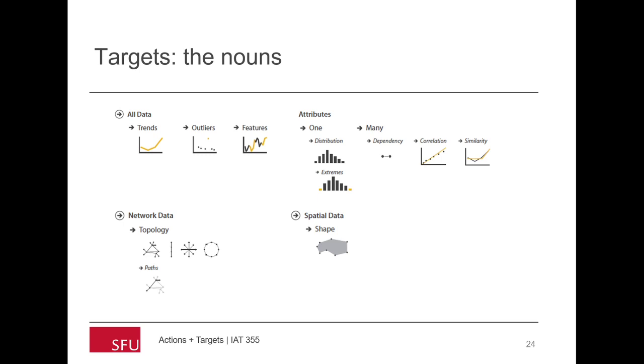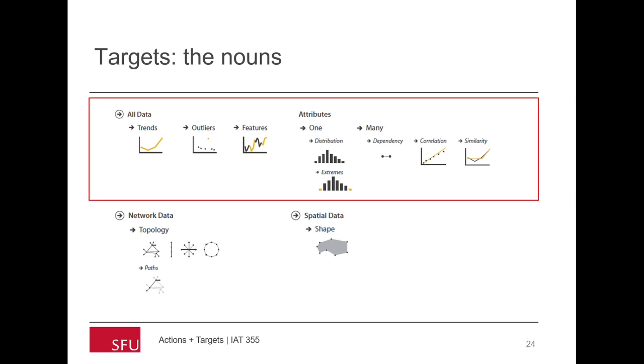And I'm just going to briefly recap this stuff, mainly because we've spoken at length of these types of activities, and we'll speak about more of this stuff as we move forward in the term. So one of the things that you are interested in, if you're talking about all of the data together, is trends, in behaviors that might be exhibited by the data collection, also outliers that we have spoken about a few times, as well as features in the data.